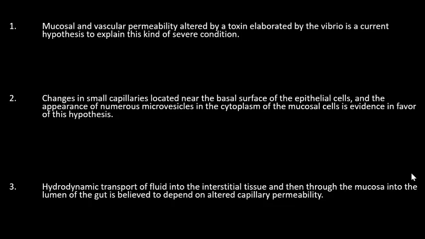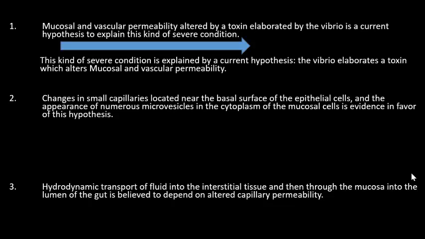Well, I notice that we have what is presumably old information at the end of this sentence. So we must understand that this is a paragraph from somewhere in the middle of a paper. It's not the first paragraph. And so a severe condition has already been introduced. So let's bring that to the front of the sentence. So instead of saying mucosal and vascular permeability altered by a toxin elaborated by the vibrio and making that our subject, let's make this kind of severe condition our subject.